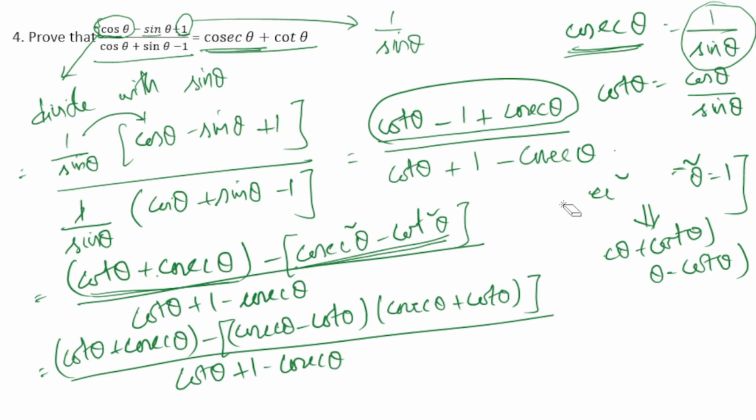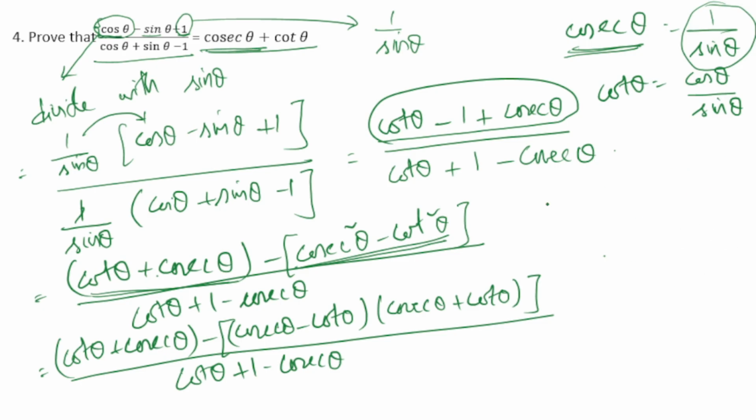So if we simplify this one, what do we get? Here, if we take cot theta plus cosecant theta common from these two terms, we'll get cot theta plus cosecant theta into 1 minus cosecant theta minus cot theta.